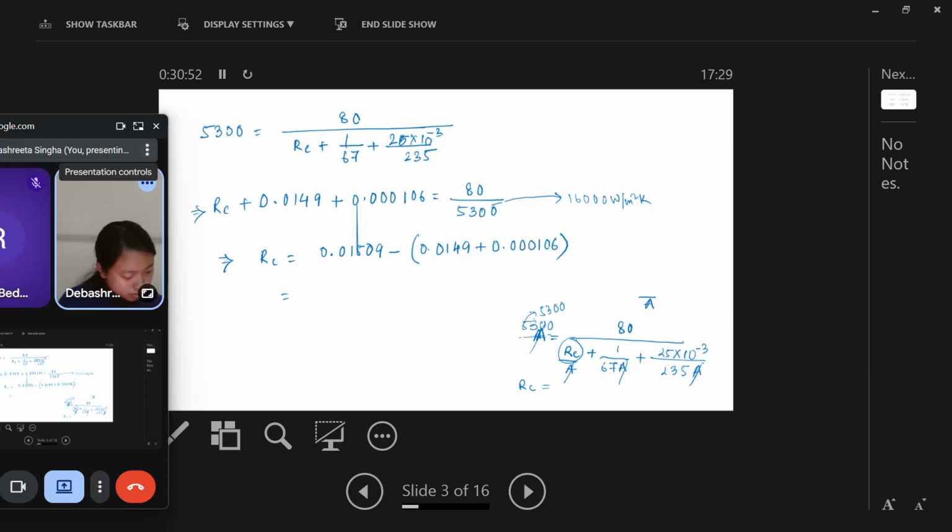How much do you get? This is around 11,000 something.